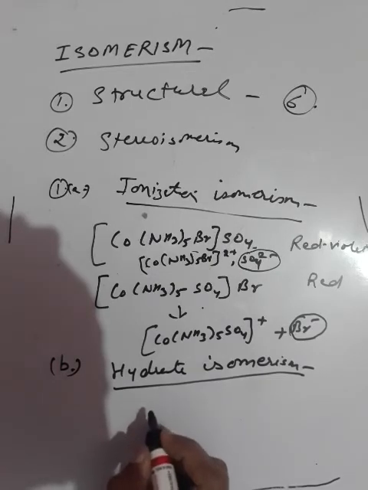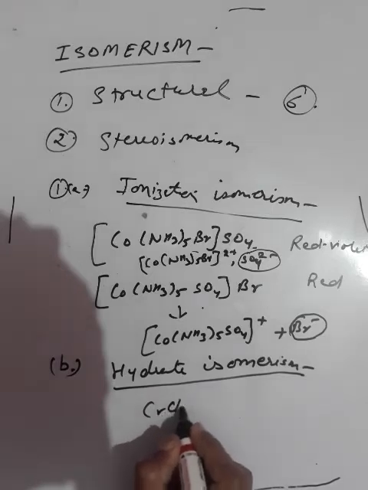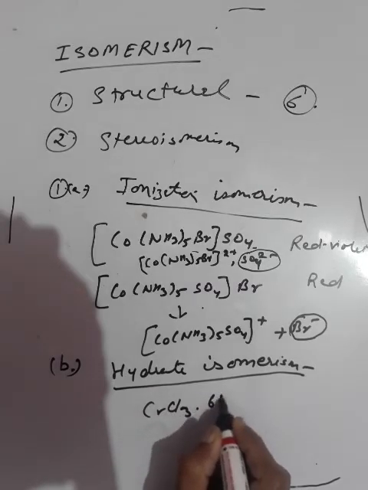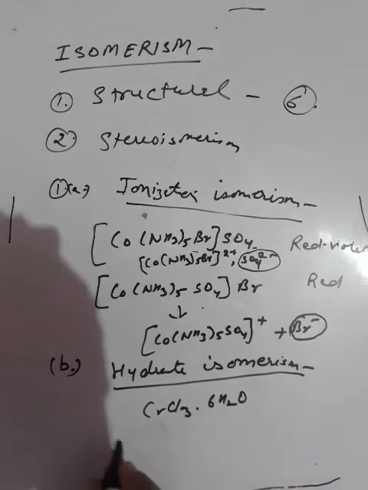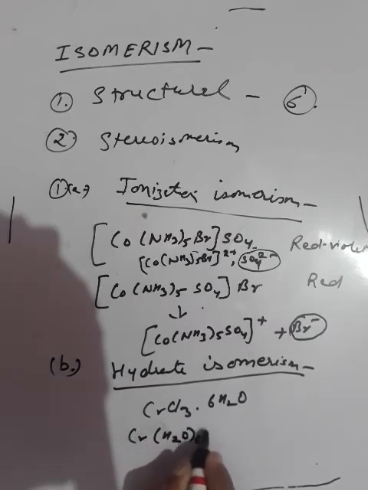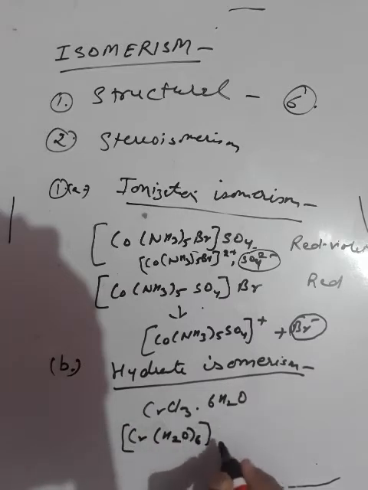For example, let's discuss CrCl3·6H2O. This will give three isomers. One will be [Cr(H2O)6]Cl3, meaning the coordination sphere has 6 molecules of water.